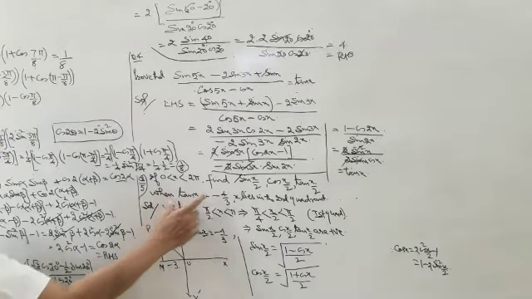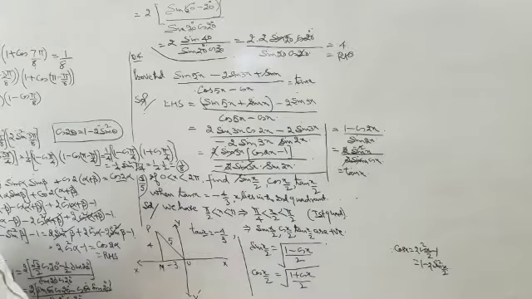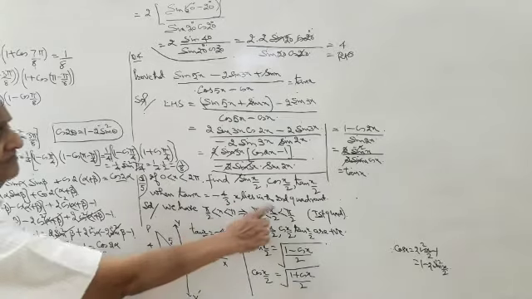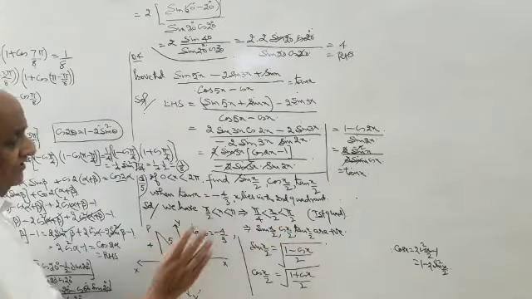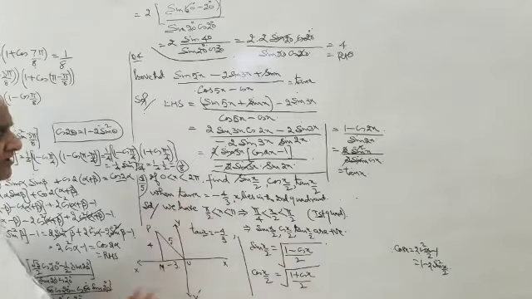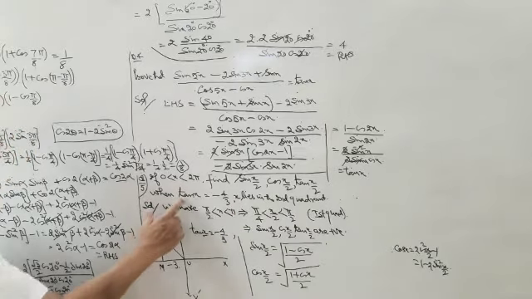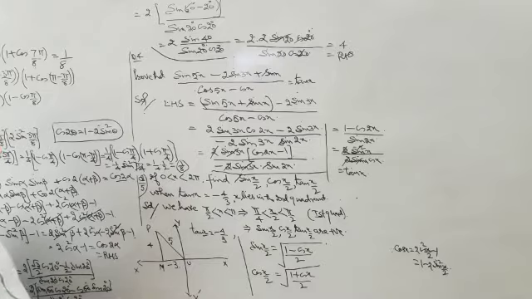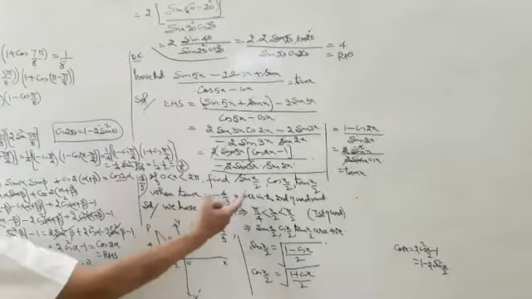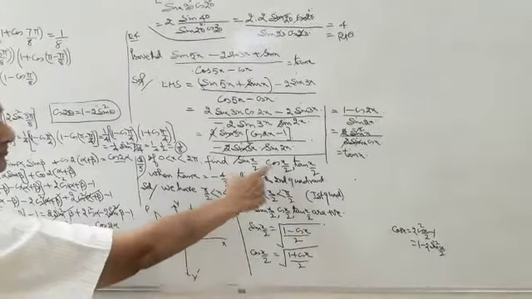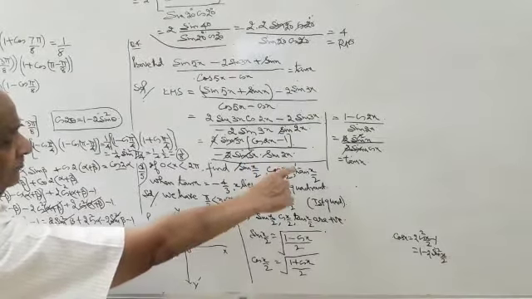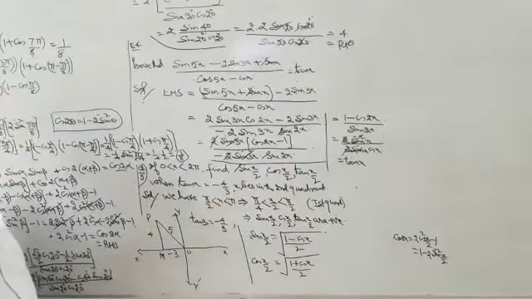When tangent x is minus 4 by 3, it is given, and x lies in the second quadrant. It should be noted. X lies in the second quadrant. When we say that tan x is minus 4 by 3. Also, I am to evaluate x by 2 for sin x by 2, cos x by 2, tangent x by 2. This is the question.